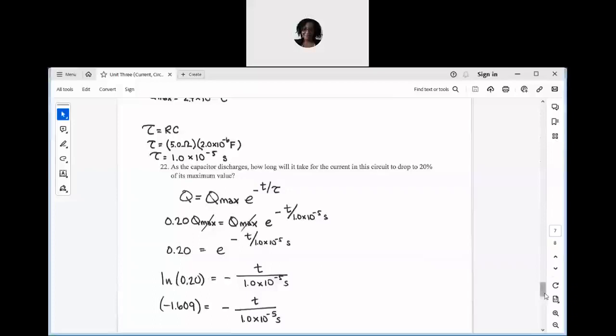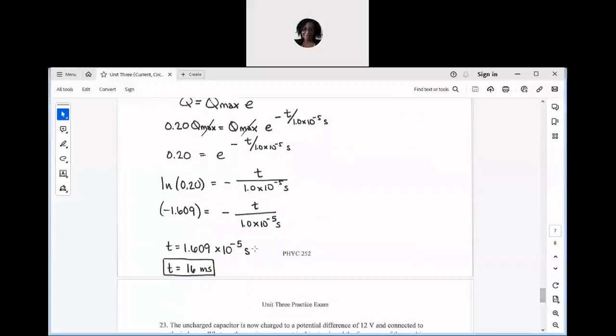Take a natural log of both sides. That will give you a negative value for a quantity that's less than 1. That negative will cancel this negative here so that you end up with time as positive. This is 16 milliseconds. Let's see, that should be micro. I apologize for the typo there. If this is times 10 to the negative 5, 16 microseconds would make sense.